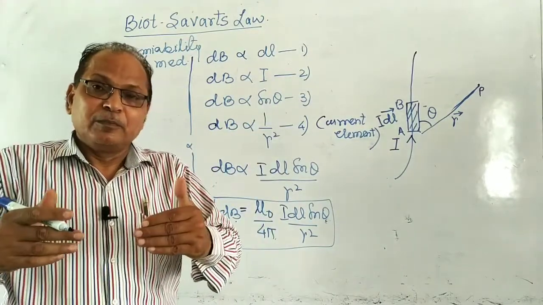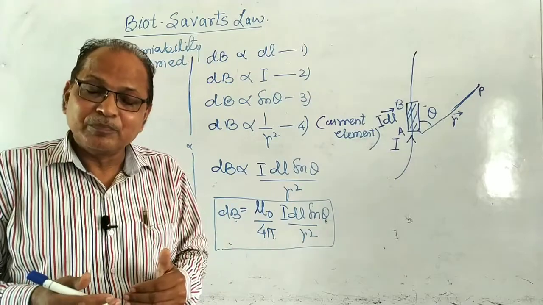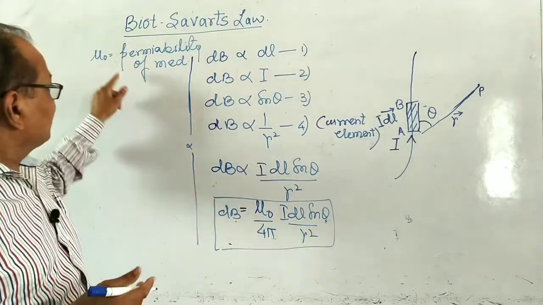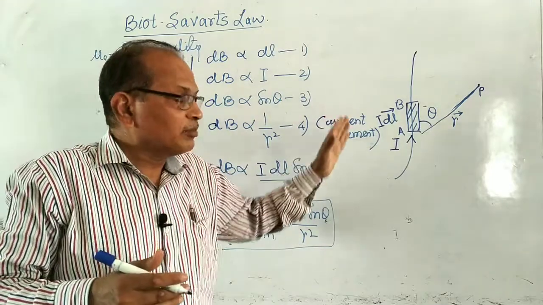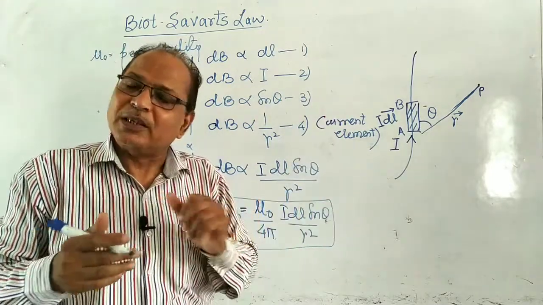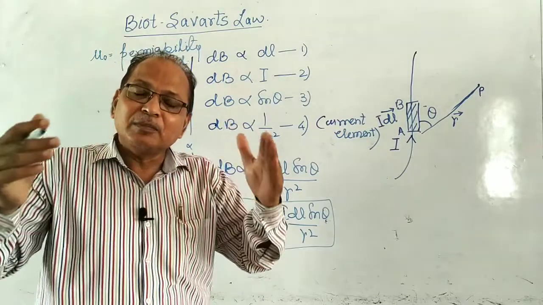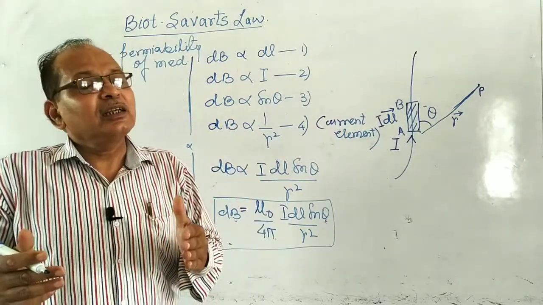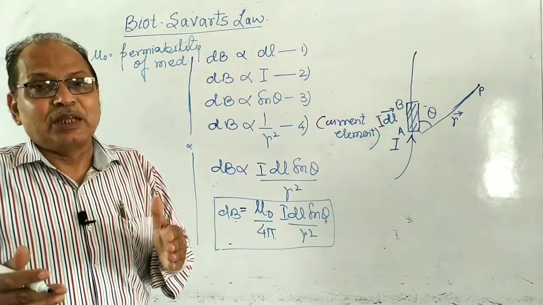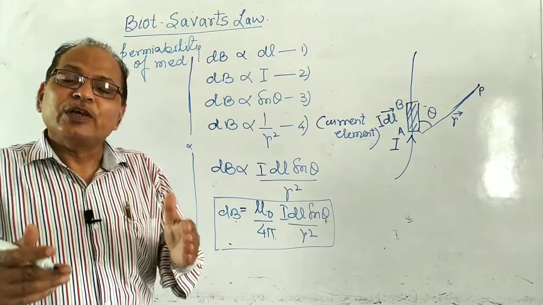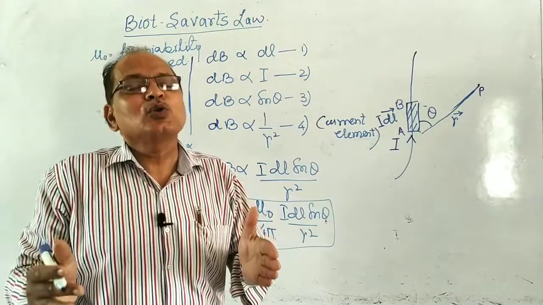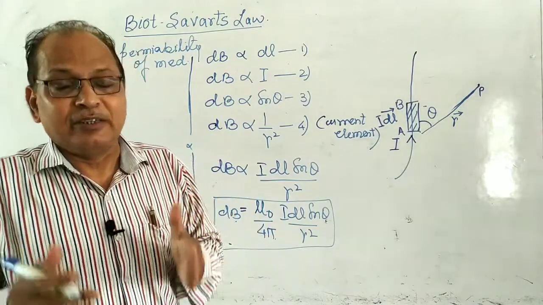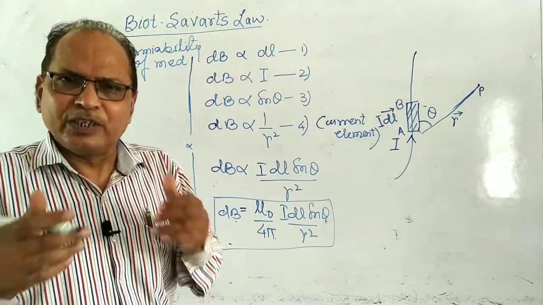Because magnetic field travels in the medium, and here it is mu naught, means the whole system is kept in the free space. If it is in a particular medium, then it will be mu m, that is the permeability of any particular medium. For the free space, it is also called absolute permeability or permeability of the free space.